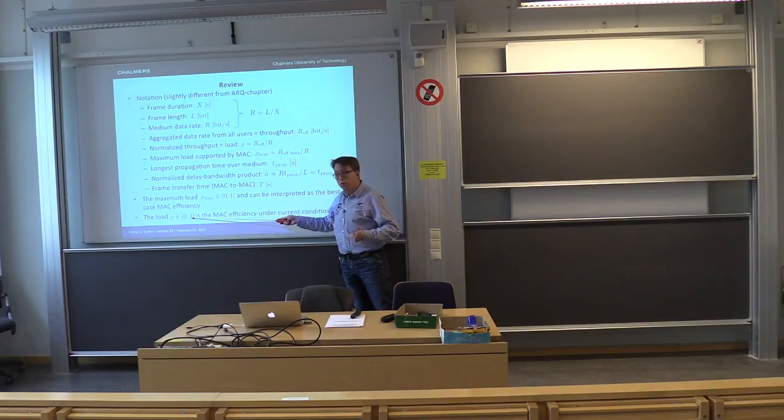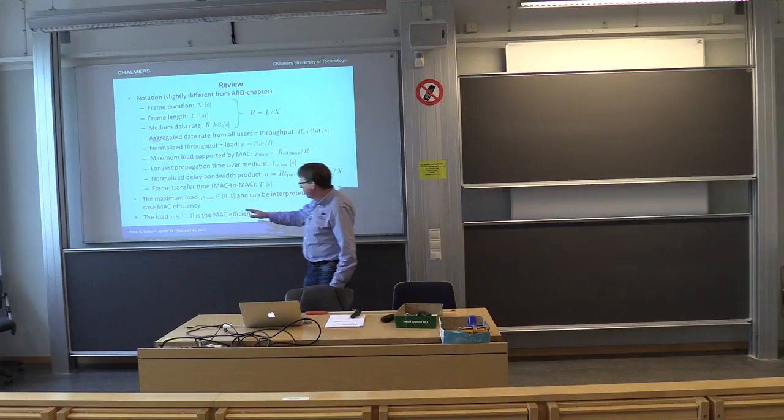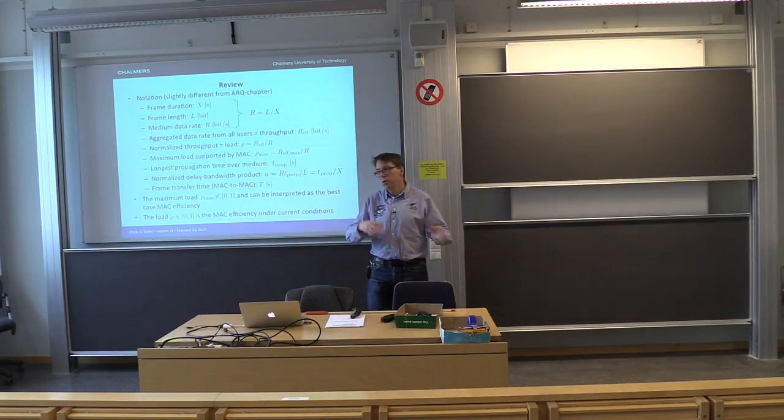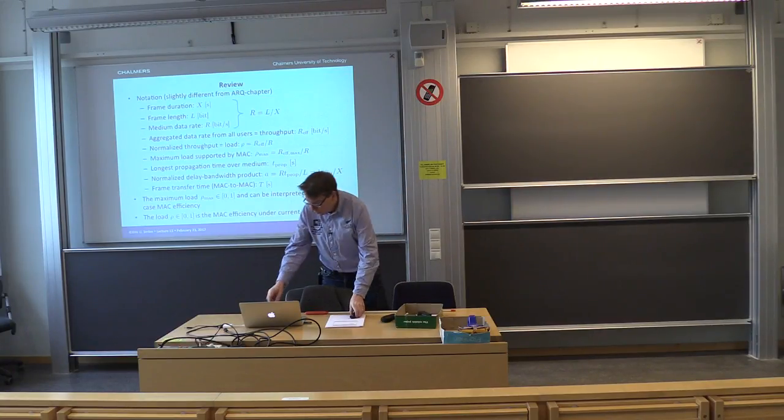Rho is the load we are using at this particular moment. It could be fairly low, for instance, and then efficiency will also be low, but that might not necessarily be a problem, because rho here will scale with the demand also. So if the demand is low, then the load is low, but we are able to serve all the users anyway. So that's not necessarily a problem. Okay, so hopefully this was clear.